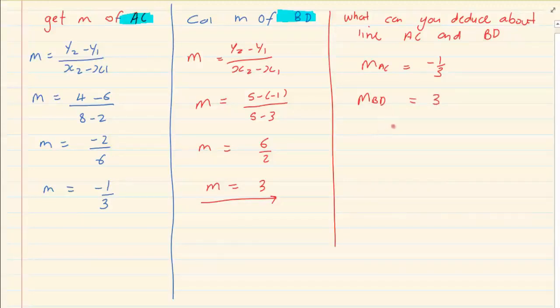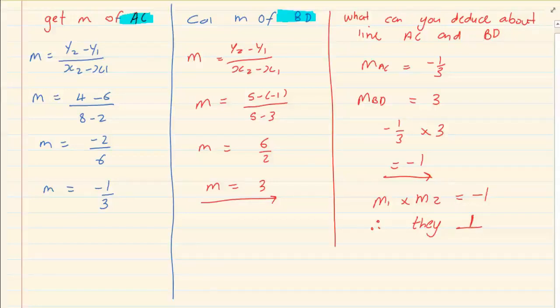Now look, minus a third times 3 is equal to minus 1. What we know is that m1 times m2 is equal to minus 1, therefore they are perpendicular.